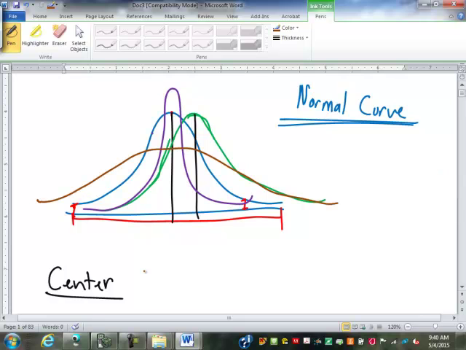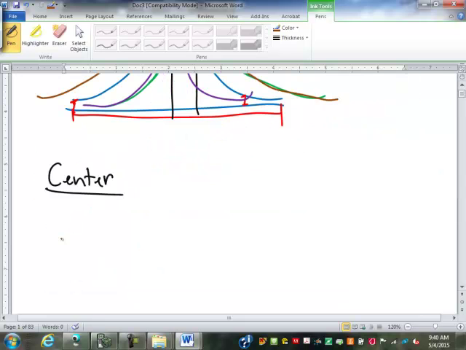That is what we would refer to as spread. So let's look at ways that we can quantify center and spread numerically.